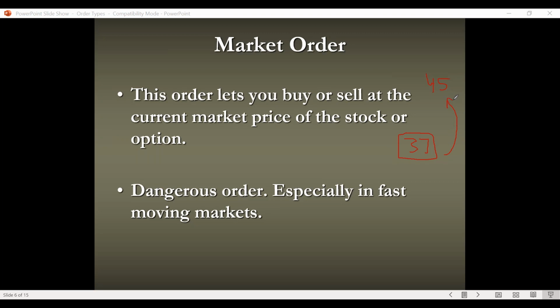That's a huge difference, and you could be shocked. And so it's a dangerous order, especially in a fast-moving market, especially when there's a lot of fear. You bought that stock at $37, and you could use a sell order as a market order.